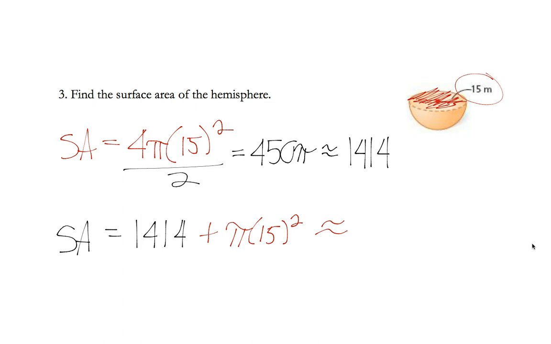So now it's 675 pi. Whoops. That's 2121 meters squared.